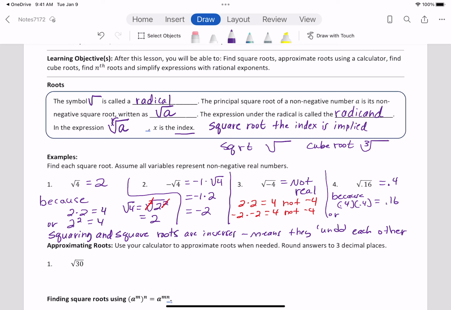Of course, or you can look at it as 0.4 squared equals 0.16. So that would mean if I take the square root of 0.4 squared, the 2's would undo each other and leave me with that 0.4.